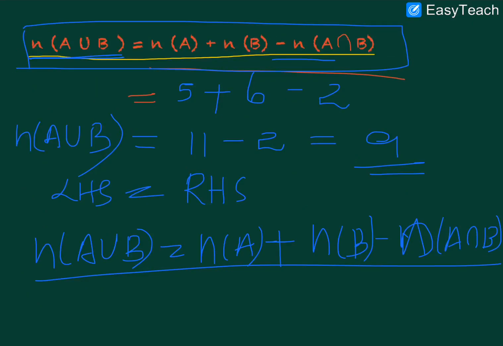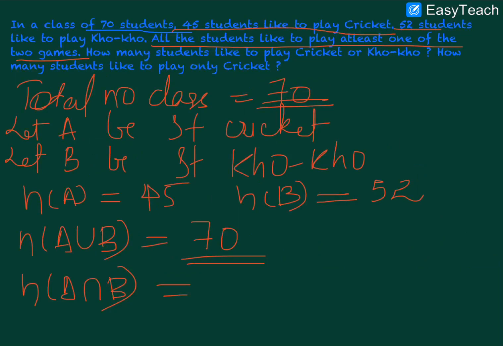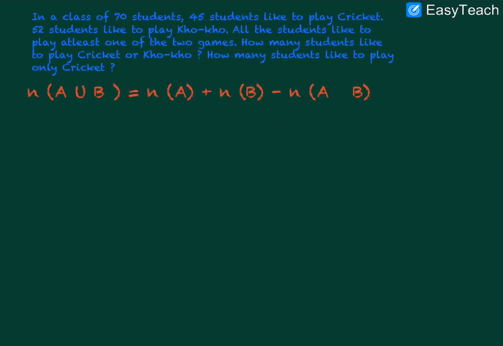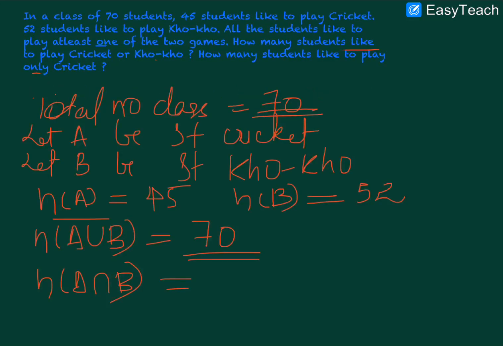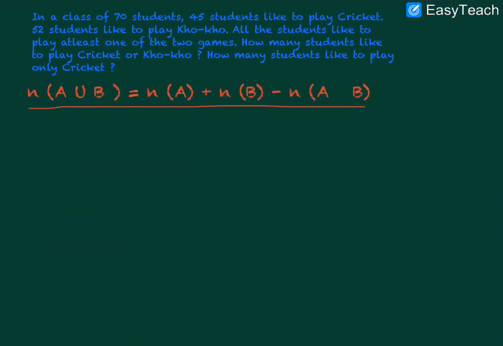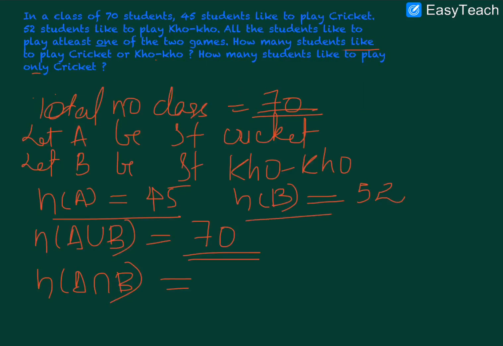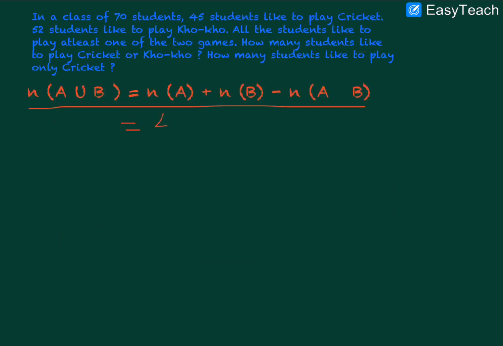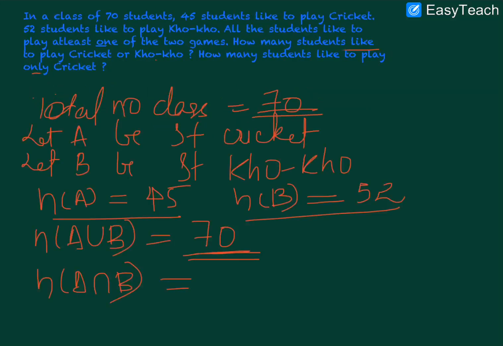So we have seen the equation here. So by using this formula we are going to find it. So using this formula we are going to solve the equation. So here we have to find what is n of A. I am substituting it here. n of A is 45, n of B is 52. So 45 plus 52. Also we know what n of A union B is. n of A union B is 70.